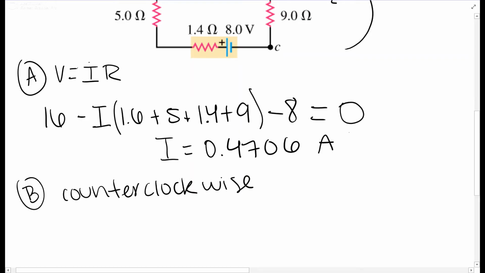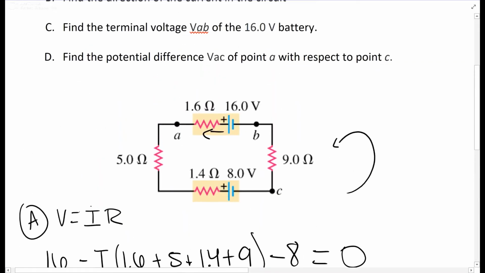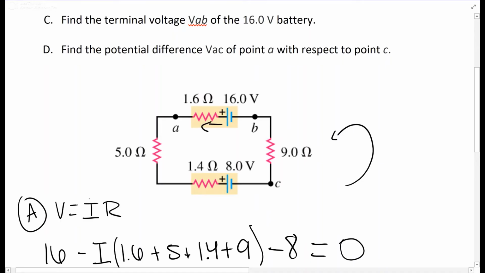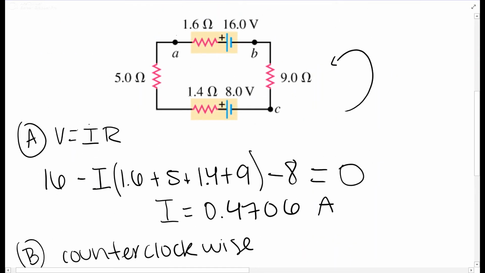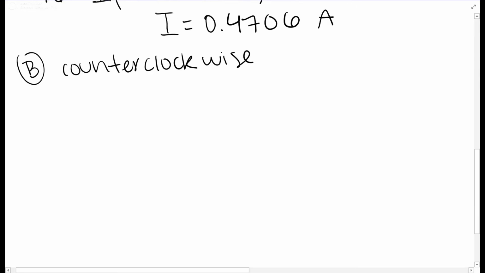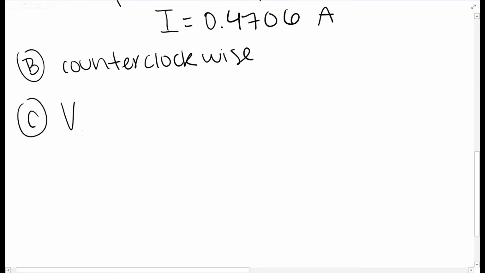All right, so C is find the terminal voltage VAB of the 16-volt battery. So that's, of course, this top battery right here. And so VAB, we know that's like VB minus VA, but it also has this nice equation of this.